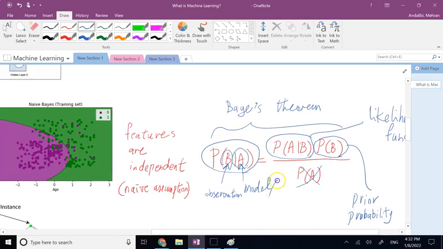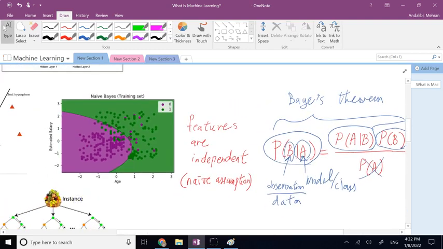Here, instead of model, it could be a class. And this observation could also be data. So what's the chance that this data here comes from this class or it comes from this class? Here I have to have these likelihood functions for whether this data is coming from this purple class or the green class, plus the chance in general that any data comes from a purple class or from the green class.